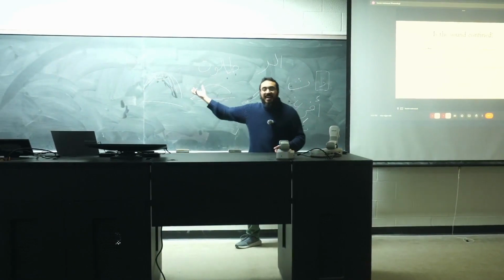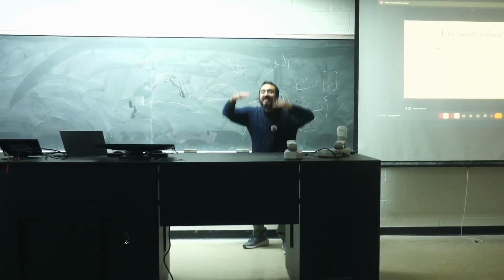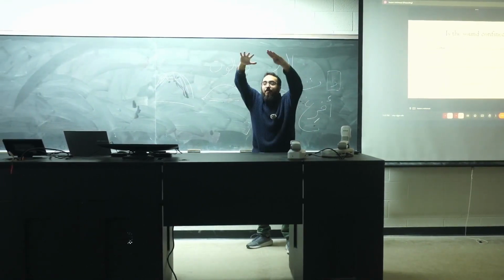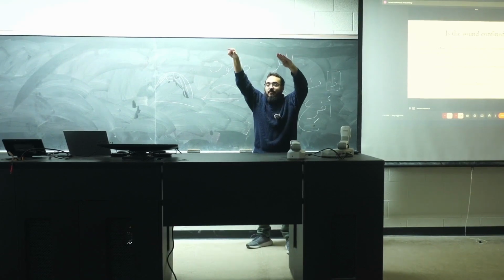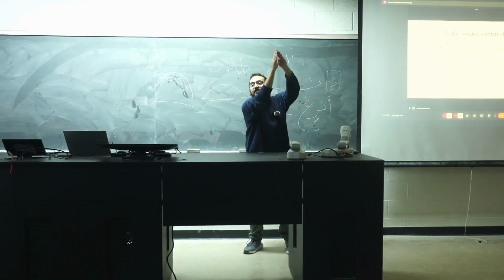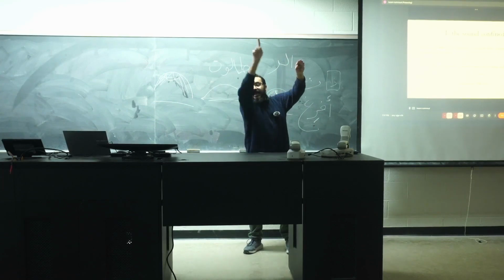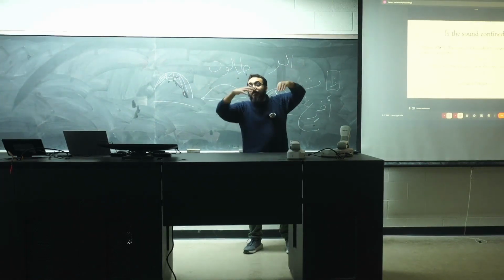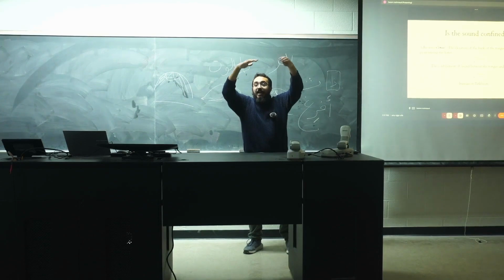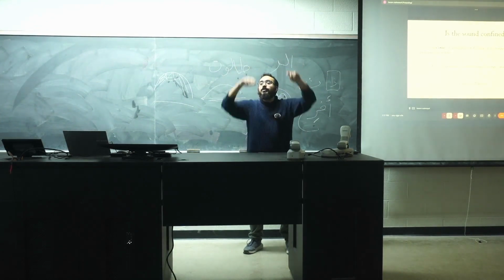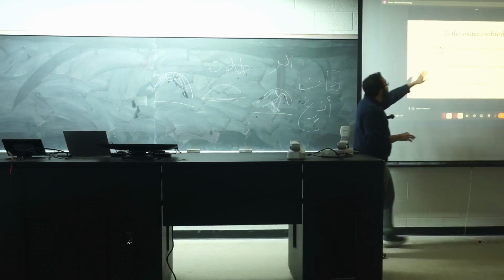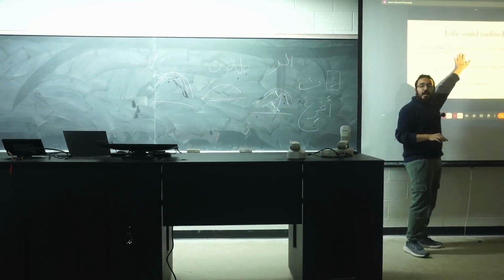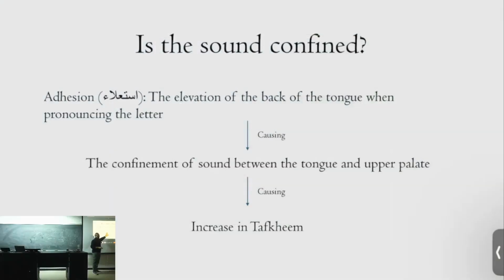This one, the sound is kind of confined in the middle because the tongue is up. Most of the tongue is kind of up. So it kind of hits, right? But if only the back of the tongue is up and the rest is down, it hits and leaves. But when most of the tongue is close and embracing the upper palate, the letter is confined in the middle. So it's the adhesion of the back of the tongue with the upper palate causing the confining, causing more tafkhim.